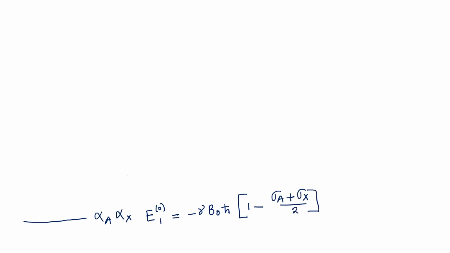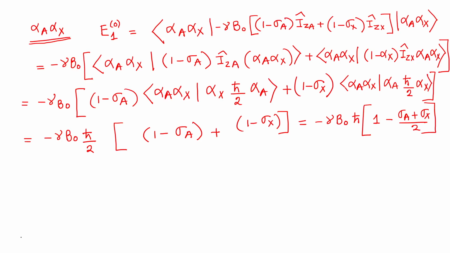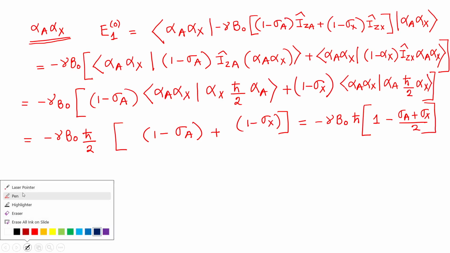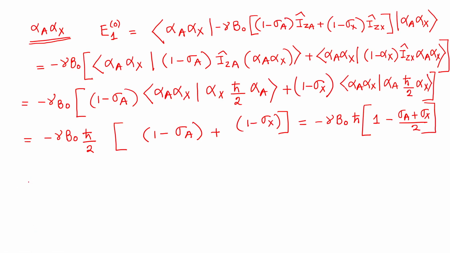Now similarly, if we do it for beta A, beta X, what is going to change? Only the minus side will become plus. This is gamma B0 times 1, because IZA is going to operate on beta A and IZX is going to operate on beta X, and that is your eigenvalue equation, which leads to minus, right?